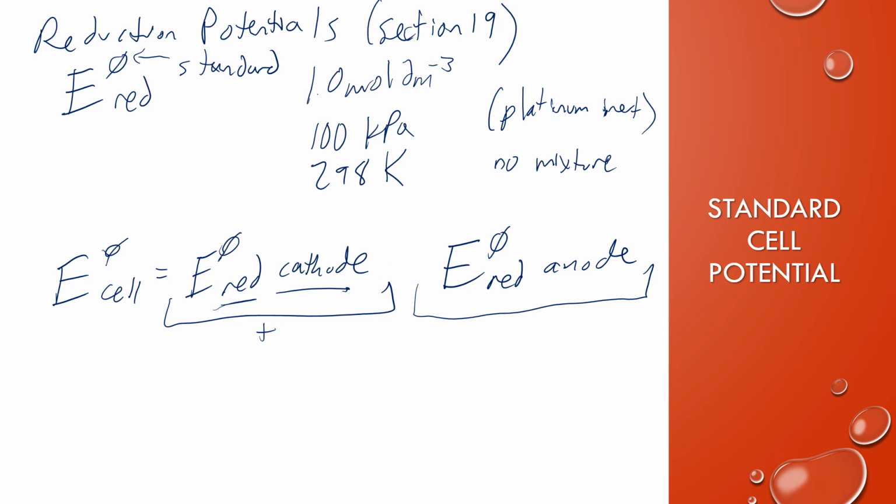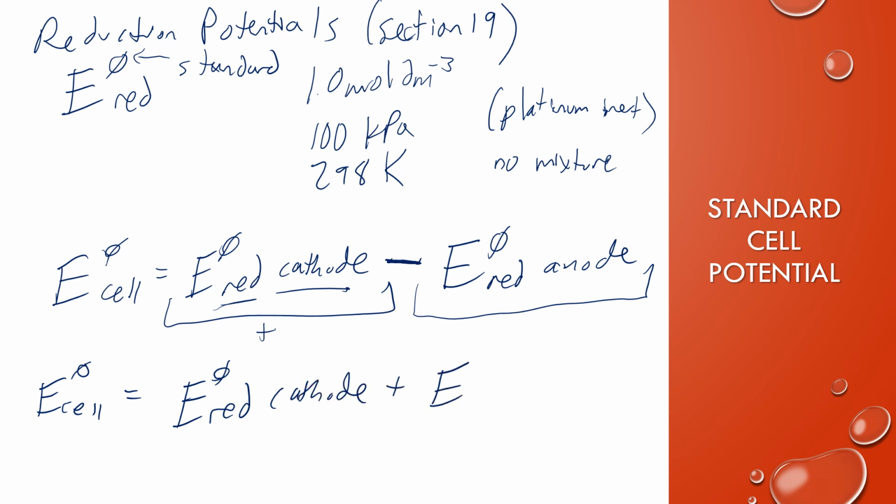Another way that you could do this, and this way that I am kind of fond of, E-cell, is I'm taking the reduction potential for the cathode plus the oxidation potential at the anode. It's another way to think about it.